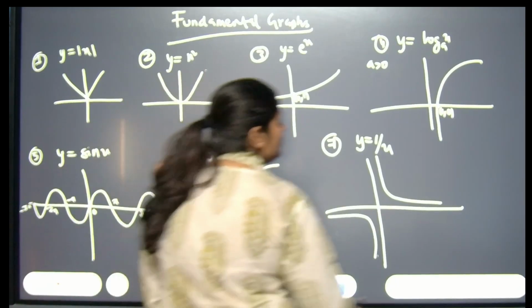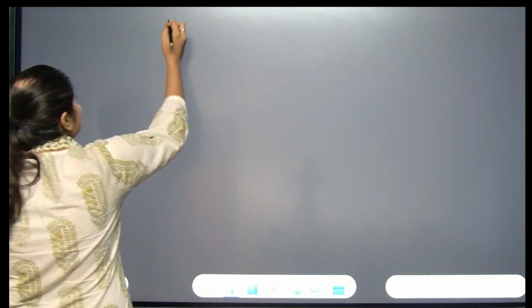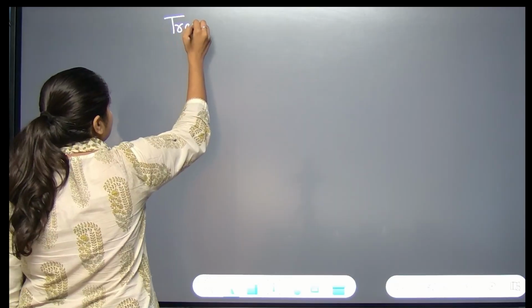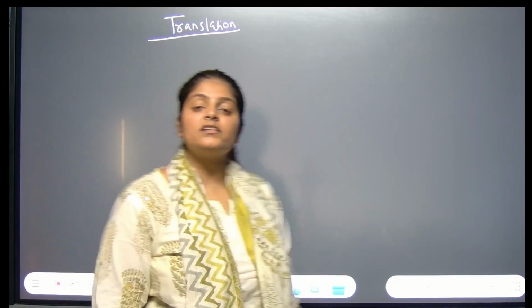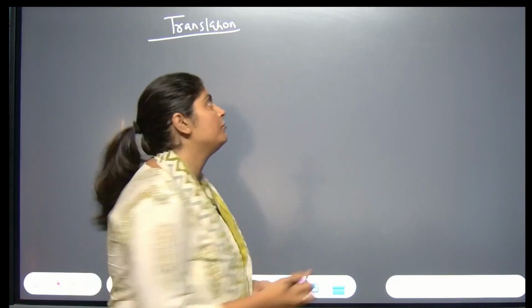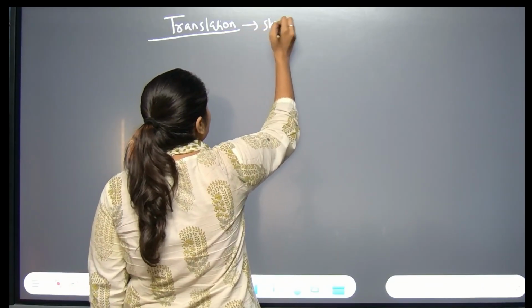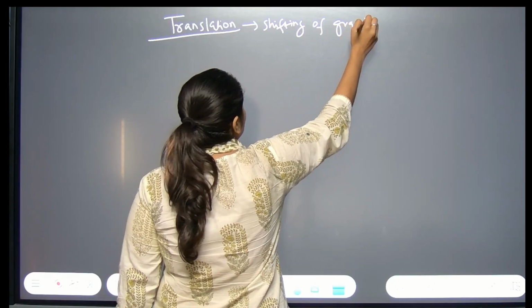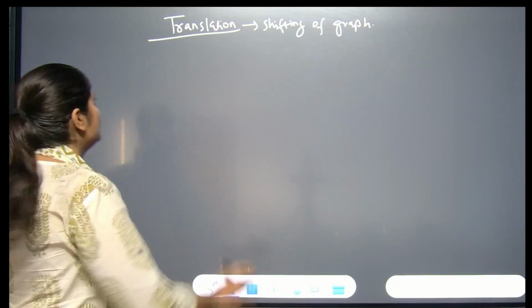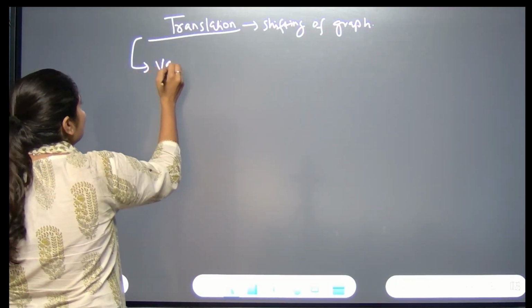Chalo, let's start with the first transformation, which is translation. So what is translation? Translation is shifting of a graph. There are two types of translation. One is vertical translation.